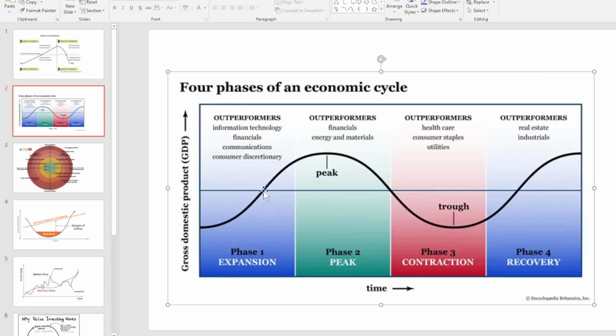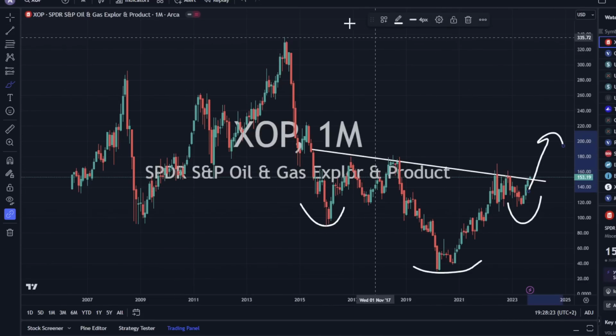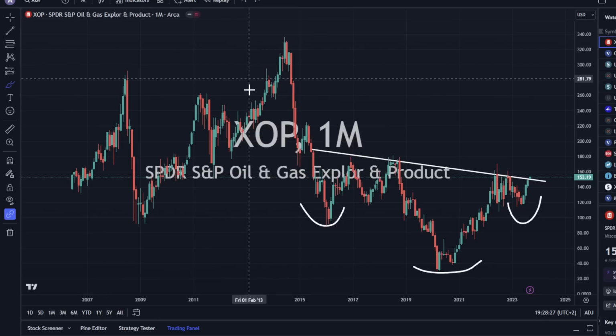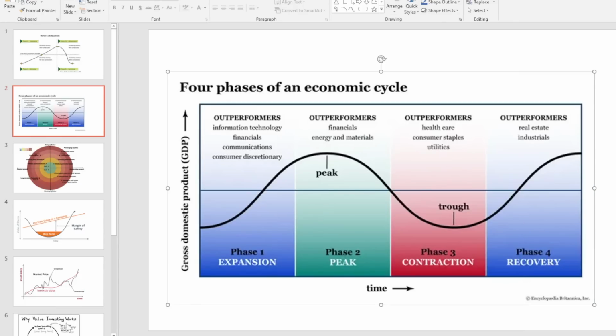We are at this beginning expansionary phase because of the evidence of this putting in and breaking out of a bottom. Because of all of those ratios that I showed you, where uranium's about to outperform and where crude oil is about to outperform stocks. All of that information is telling us where we are in this cycle.